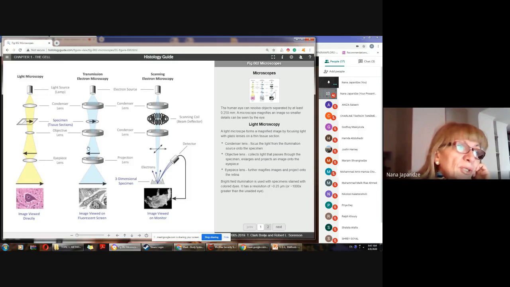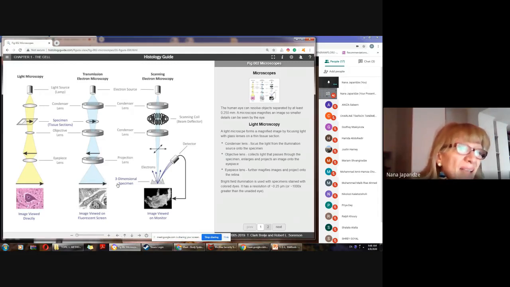And from the tissue sample, it goes to the projection lens, and from the projection lens to the eyepieces, and we can finally obtain the image. Again, the same situation is here. The beam of electrons should pass through the tissue sample.